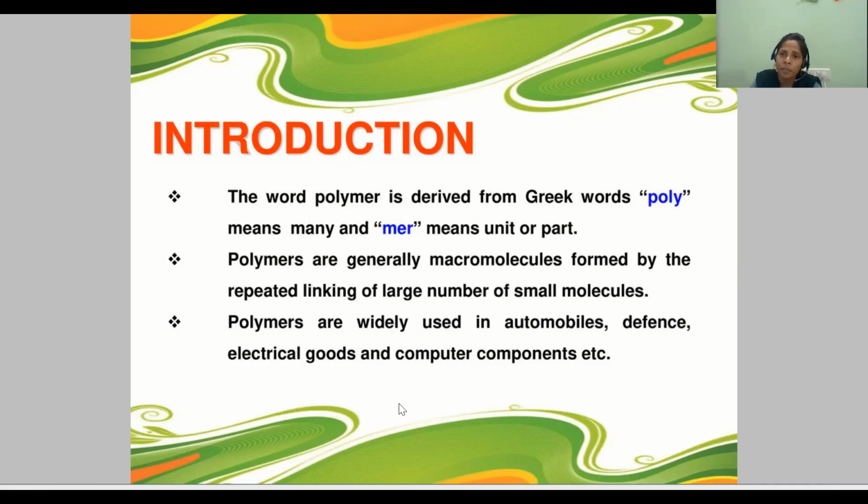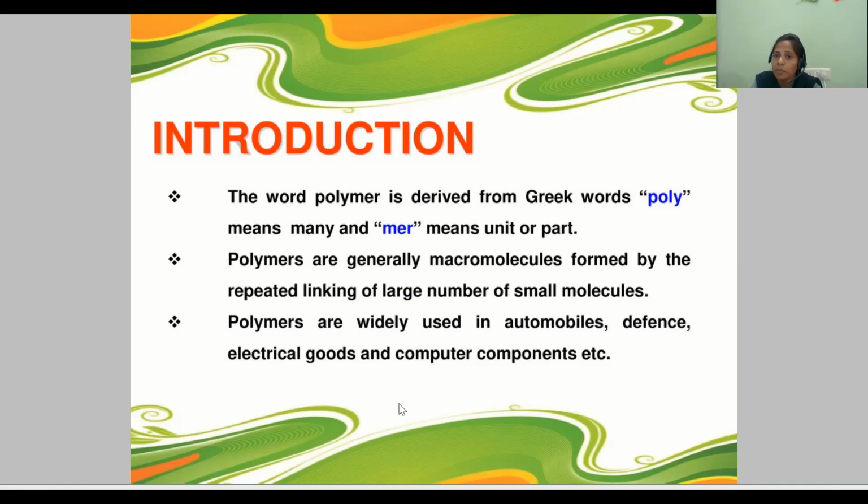But before that, what is meant by a polymer? Are you using polymers in daily life? Yes, of course, we are using many polymers in daily life. For example, wood. Wood is one of the polymers. Cotton, rubber. These are the natural polymers.